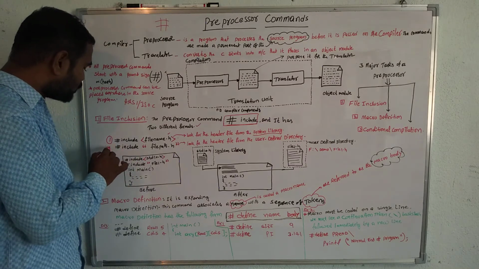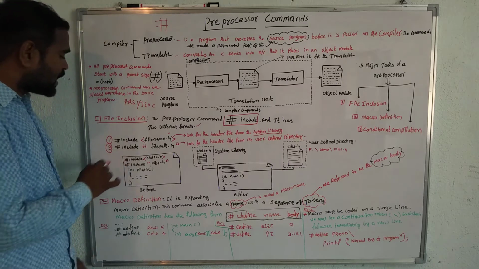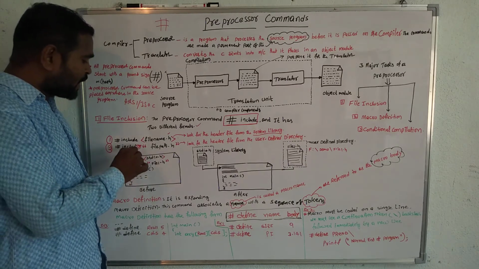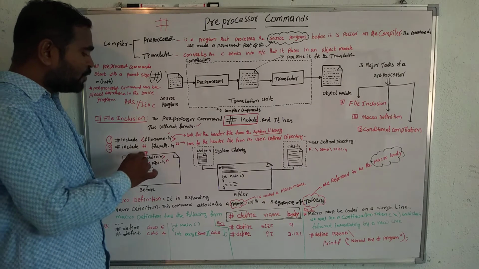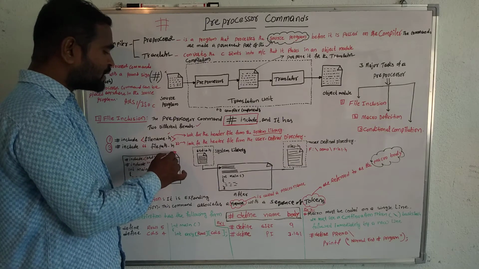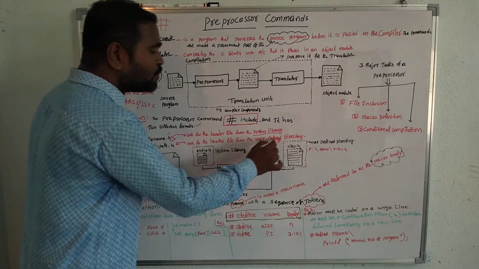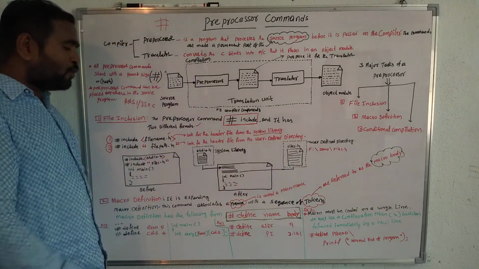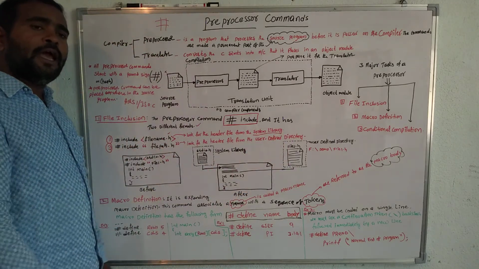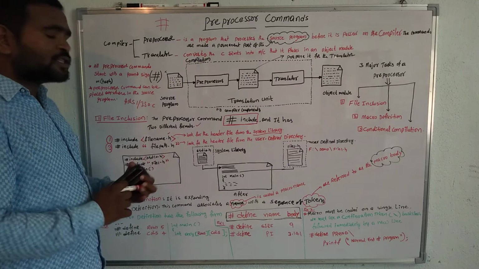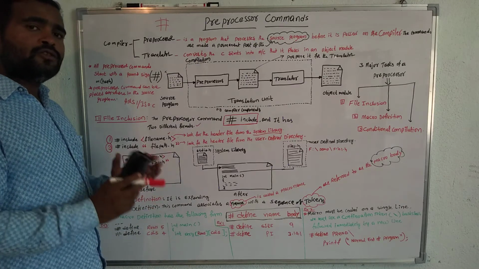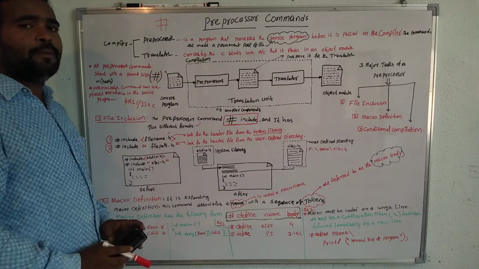The second format is hash include within double quotation marks. If you mention a particular file path, then it looks for the header file in the user defined directory. If you mention it within double quotation marks, the preprocessor searches in the user directory, not in the system library.